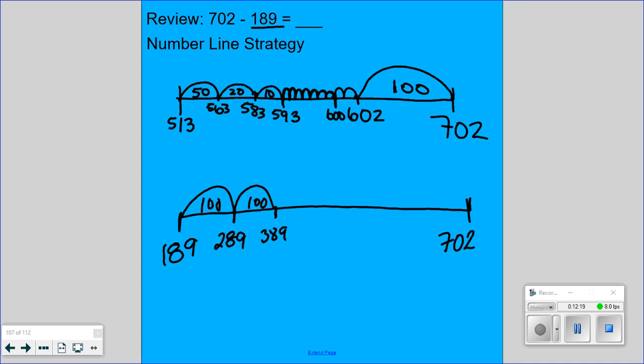Jalen, now what? Jump 10. Where am I at now? 390. Where do you want to jump now?